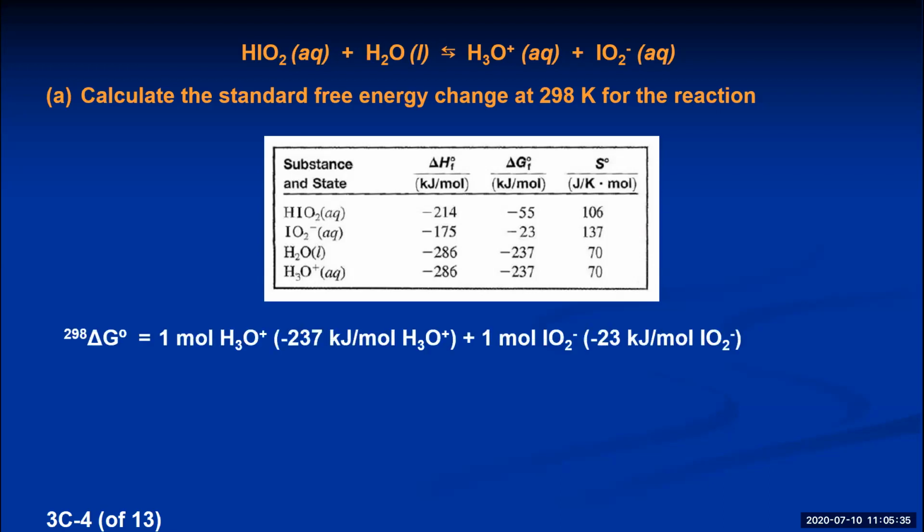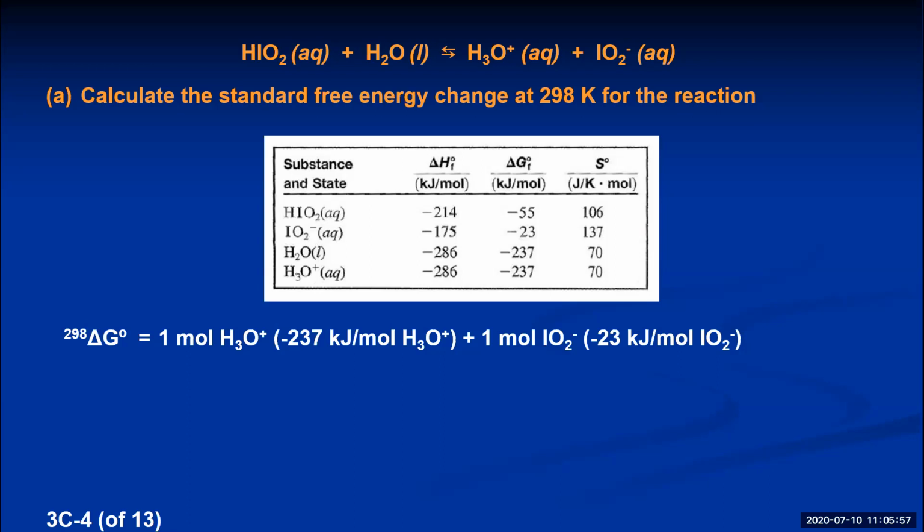So to calculate the delta G naught for this reaction, we're going to start on the product side. 1 mole of hydronium multiplied by its standard free energy of formation of negative 237 kilojoules per mole, plus the next product, 1 mole of the iodite ion multiplied by its standard free energy of formation value of negative 23 kilojoules per mole.